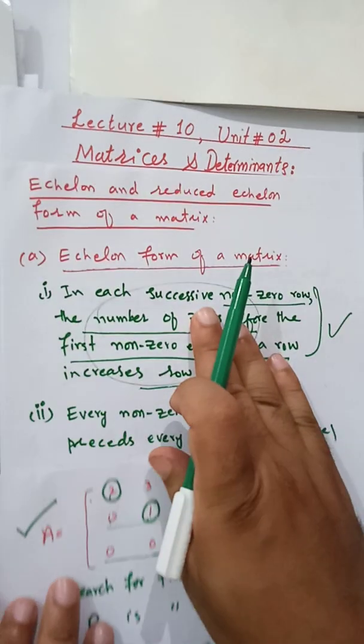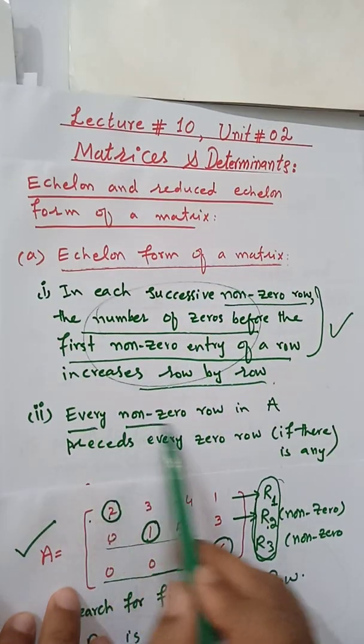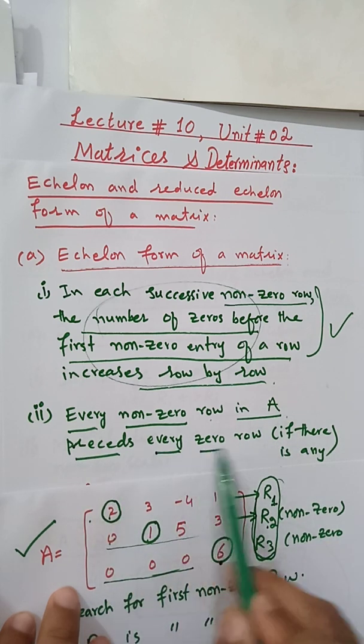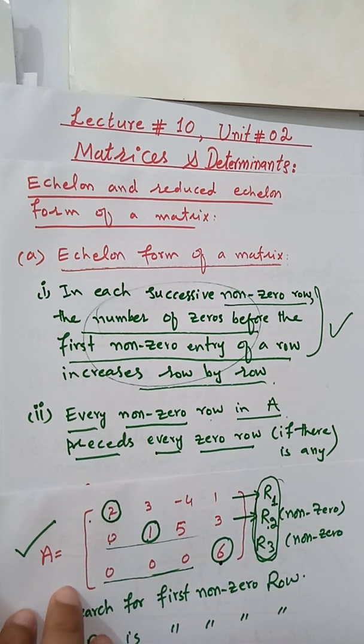The second condition is that every non-zero row in a matrix A precedes every zero row. It means that if there is a zero row in which all the entries are 0, that zero row must be written at the last, meaning that zero row must be the last row.